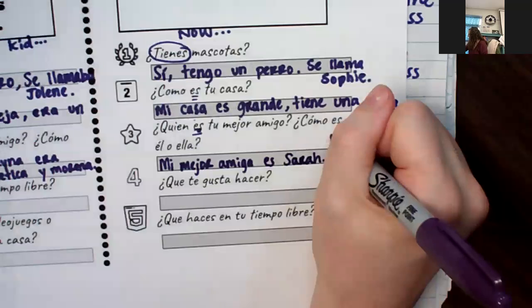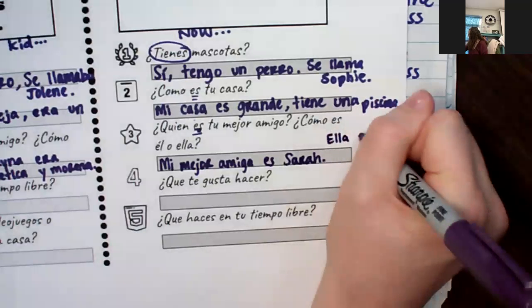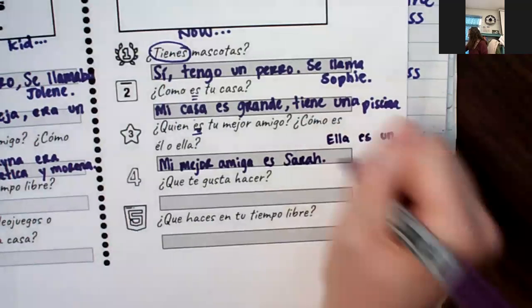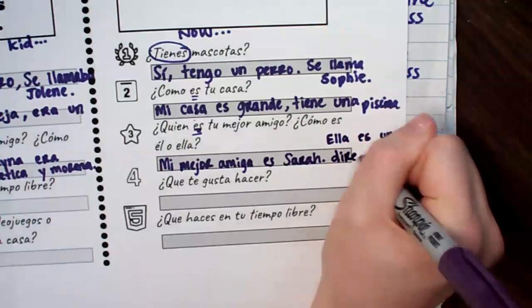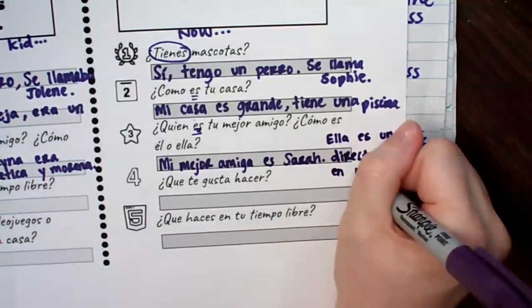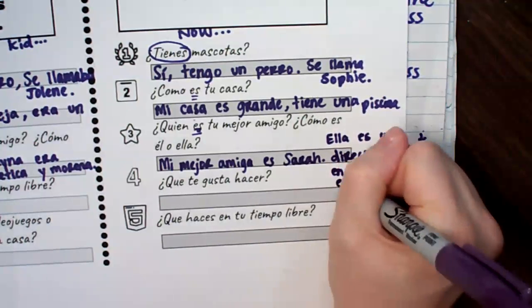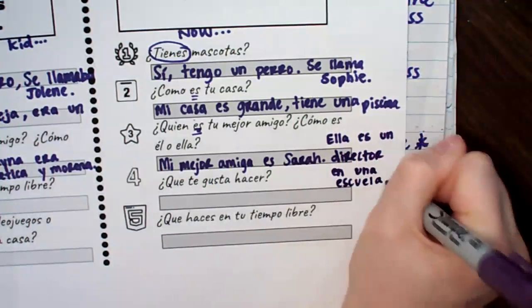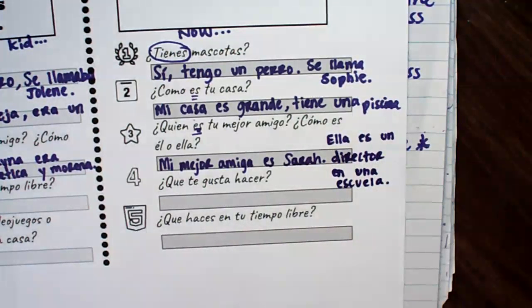And then I would say ella es un director en una escuela. So my best friend is Sarah. She is a principal in a school, aka Miss Elam.